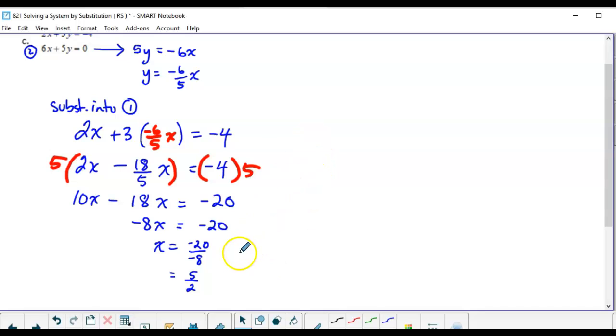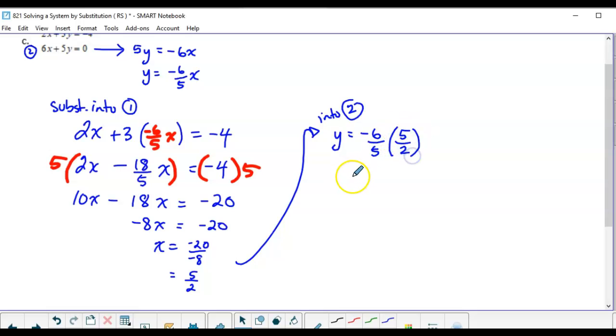And then we can take that and, to get y, substitute into equation 2. So we've solved for y, so negative 6/5 times 5 over 2. And notice how the 5's divide out and 2 goes into 6 3 times, so it's negative 3.